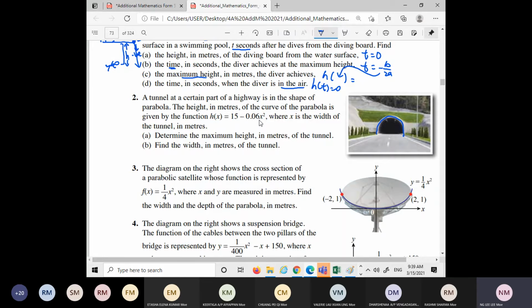Same thing, you see the x squared, the a is negative, so it is a sad face, so you have a maximum here. x is the width of the tunnel in meters. Then h is the height, in meters also. Determine the maximum height in meters of the tunnel. Okay, again, this is what?